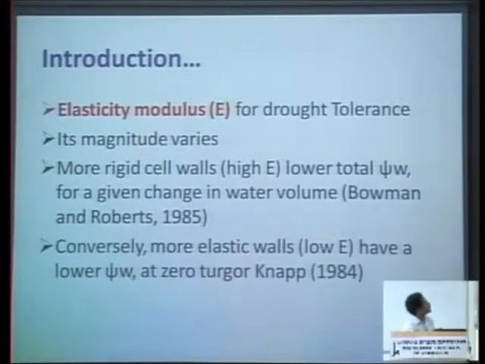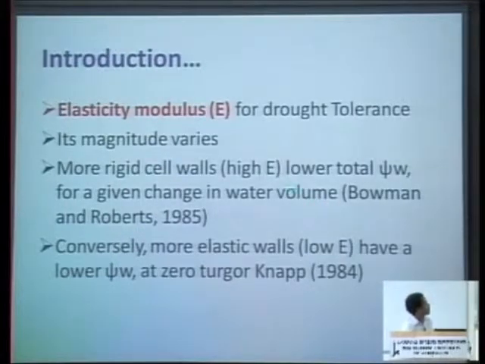The value of this E, or elastic modulus, varies from crop to crop and even varies with conditions. There are ideas in the literature that more rigid cell walls have, obviously, a high E value, and lower water potential at the end of plasmolysis.